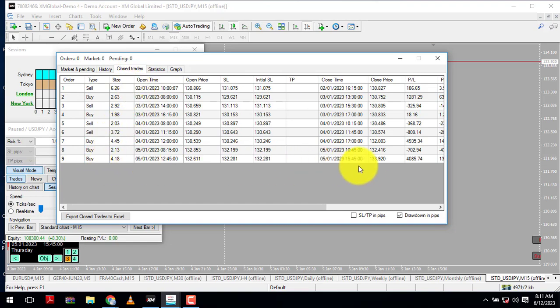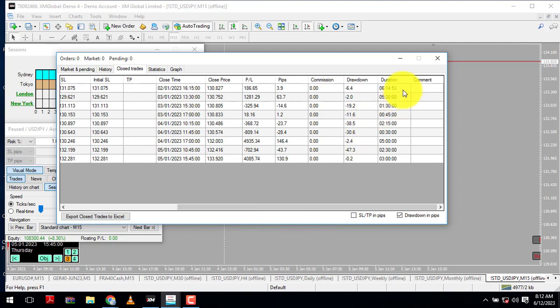We did 9 trades, and we had profit, loss, small profit, loss, small, big win, loss, and a big win.